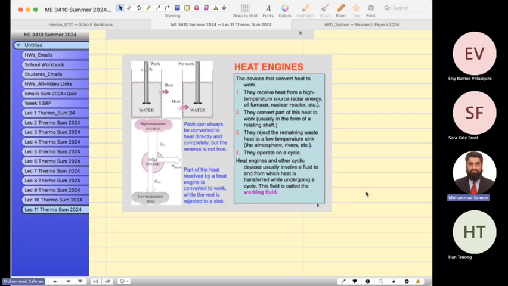So you see this diagram I drew earlier. This diagram is for a heat engine, the schematic diagram or the sketch for a heat engine.